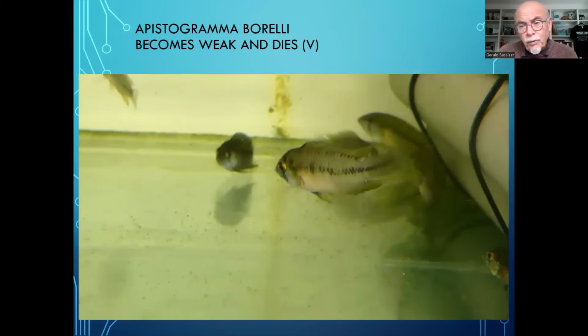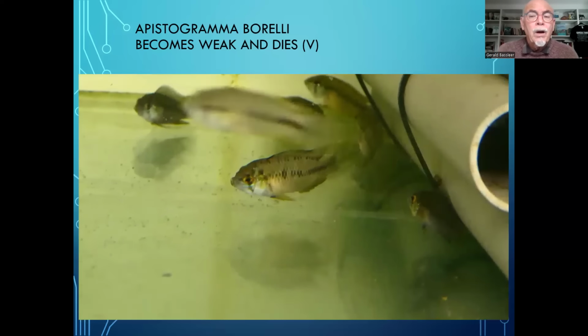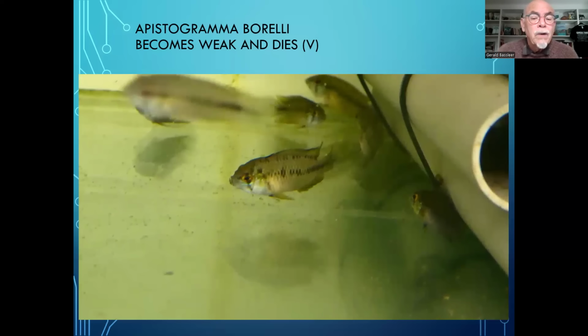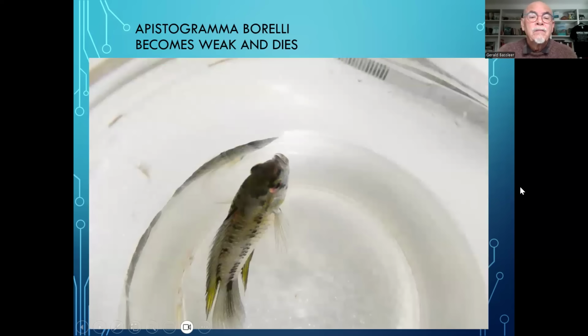It starts with a few fish and it will become more in the coming weeks or months. Some getting very pale, skinny, dying, gasping for air, suffering badly. This fish had poor color.